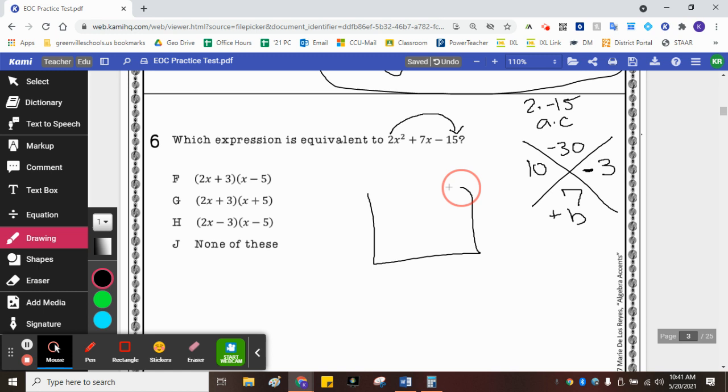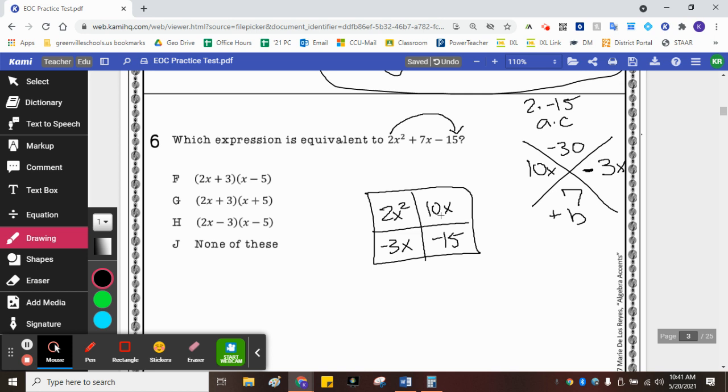So I do the reverse box method with you guys. There's other ways you can do it, whichever way you want to do it. Add an x to these numbers, so 10x, -3x, and pull out your greatest common factor.